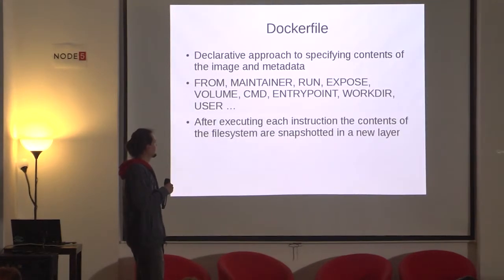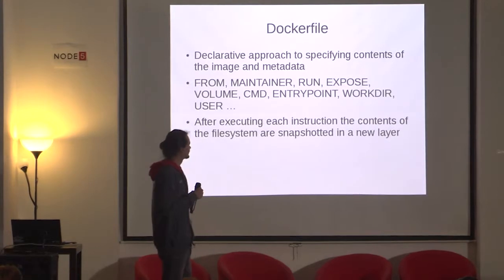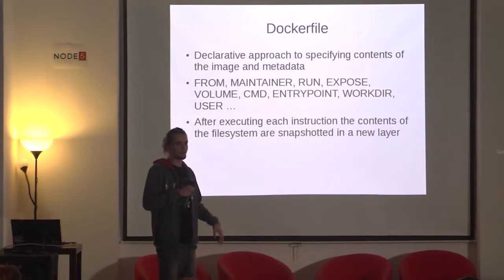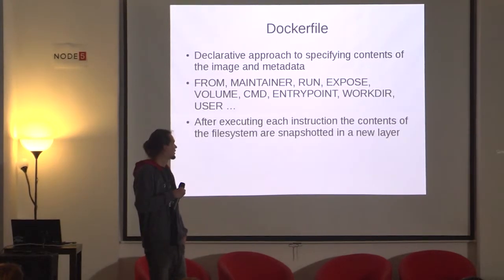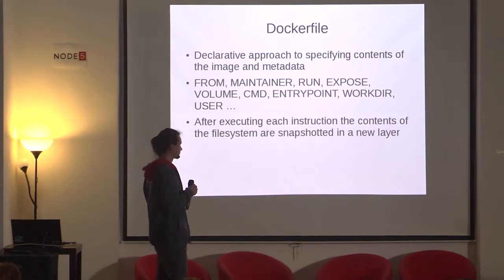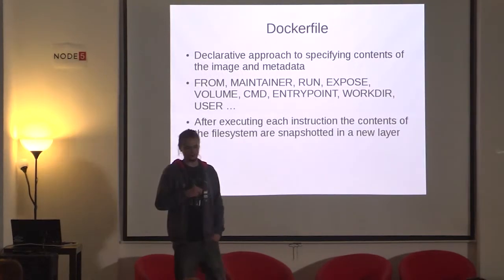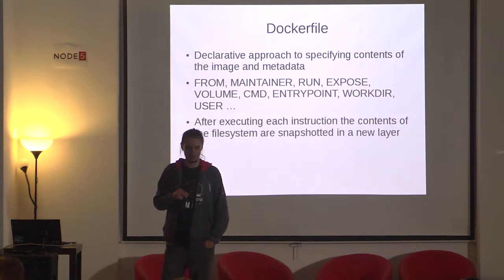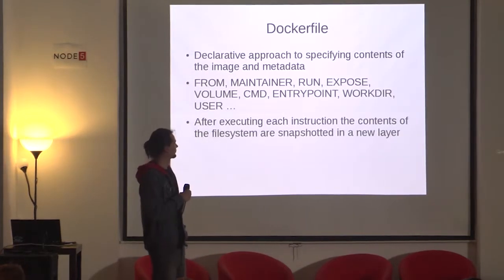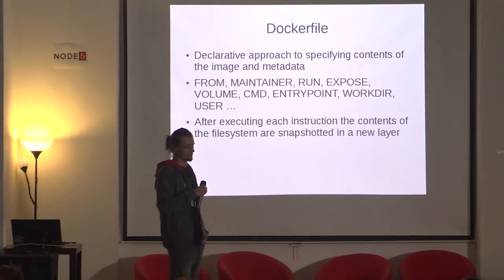Then comes the MAINTAINER clause. You can write there your name and your email, and whenever someone is using your base image and needs to contact you, they can look up the information in there and just drop you a note. RUN is basically the workhorse of the Dockerfile.